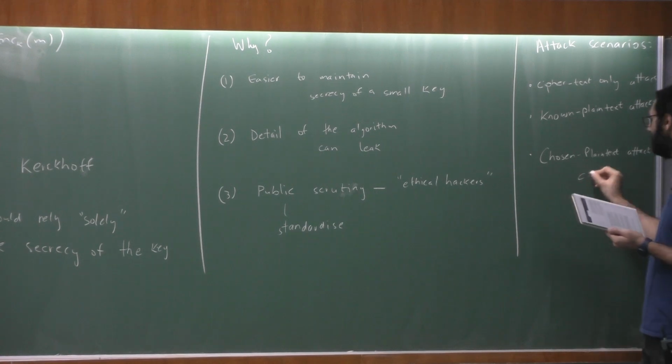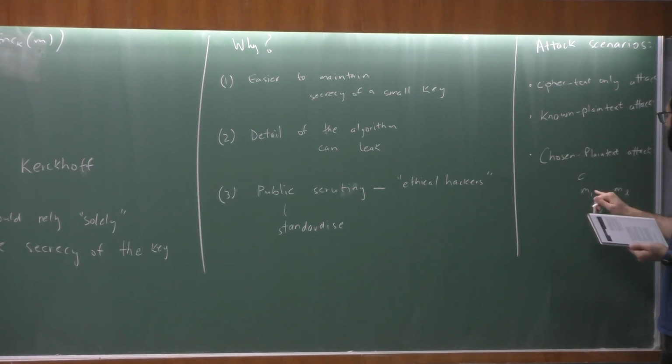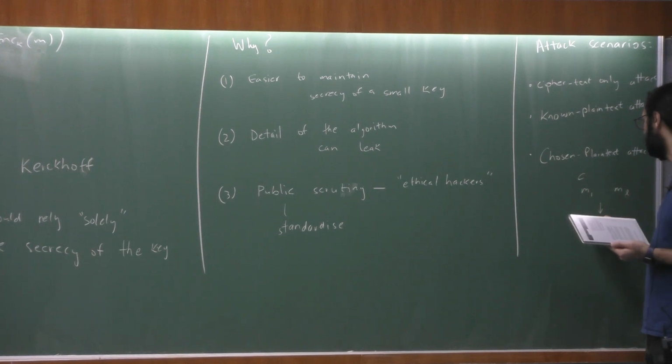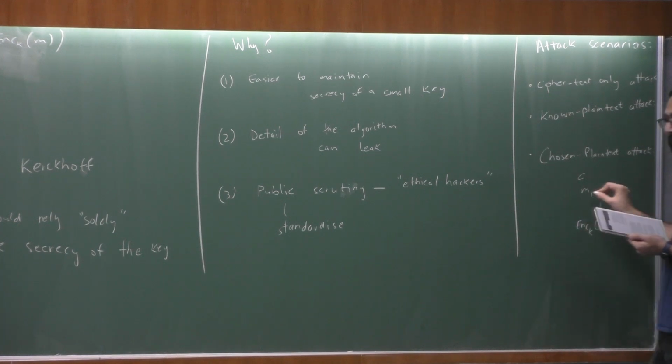So there's a ciphertext C that he wants to decrypt, and there are a bunch of messages, let's say L of them, for which the adversary can ask for encryptions. So he can ask what M1 encrypts to, the encryption of M1, and so on. He can ask for encryptions of a sequence of messages that he likes, and then given this, he has to recover the message corresponding to the ciphertext C.